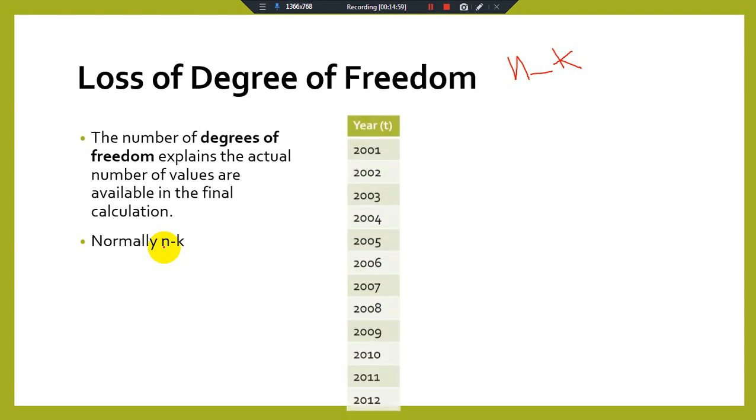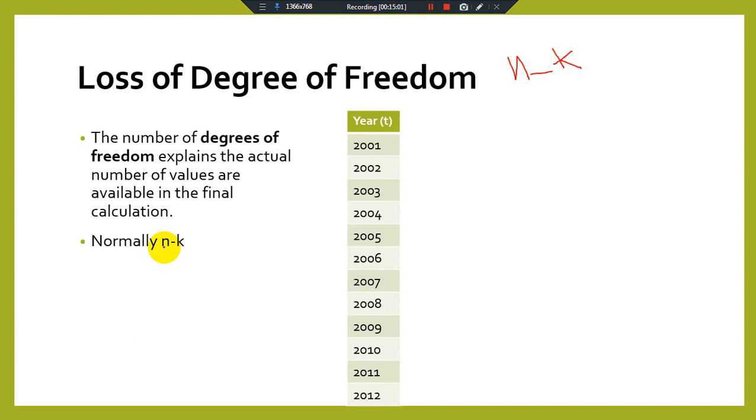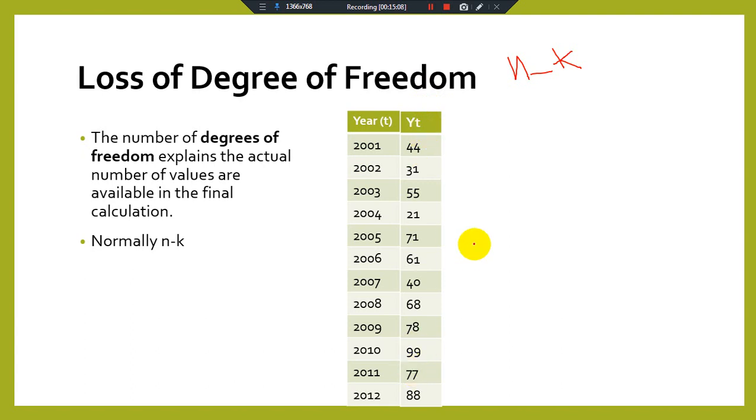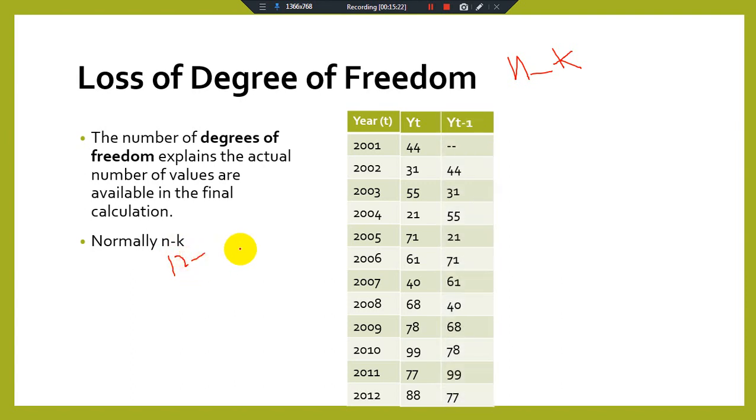Let's see, here we have data from 2001 to 2012, yt is our variable. So here, n minus k, the number of observations, is 12. Like we are using the first-year lag value.